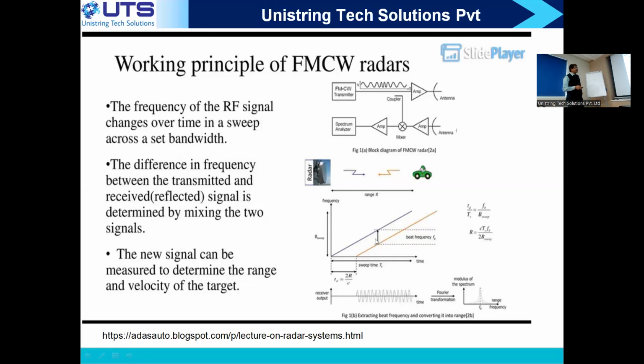So the y-axis difference you see is nothing but the difference in frequency which comes out of the mixer. I pass that mixer output through an amplifier and ADC and then use an FFT to compute the frequency. Now my FFT is giving the range first. So it tells the range.